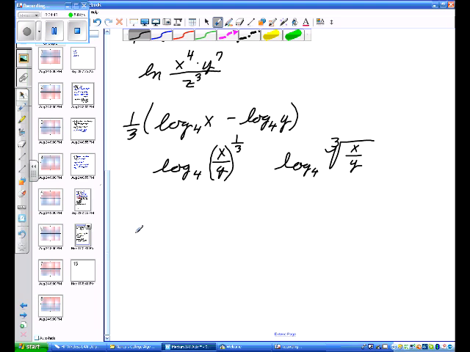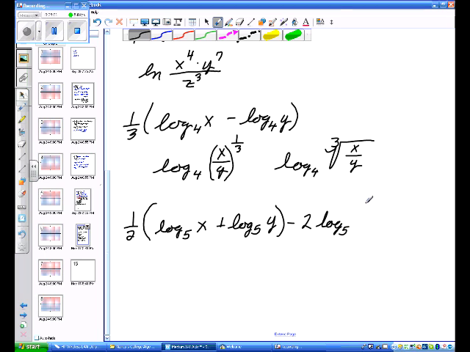So if we have 1/2 parentheses log base 5 of x plus log base 5 of y minus 2 log base 5 of x plus 1. Again, I want you to notice the difference here. Here we're doing the sum of two logs. Here we're doing the log of a sum. That's two different things.